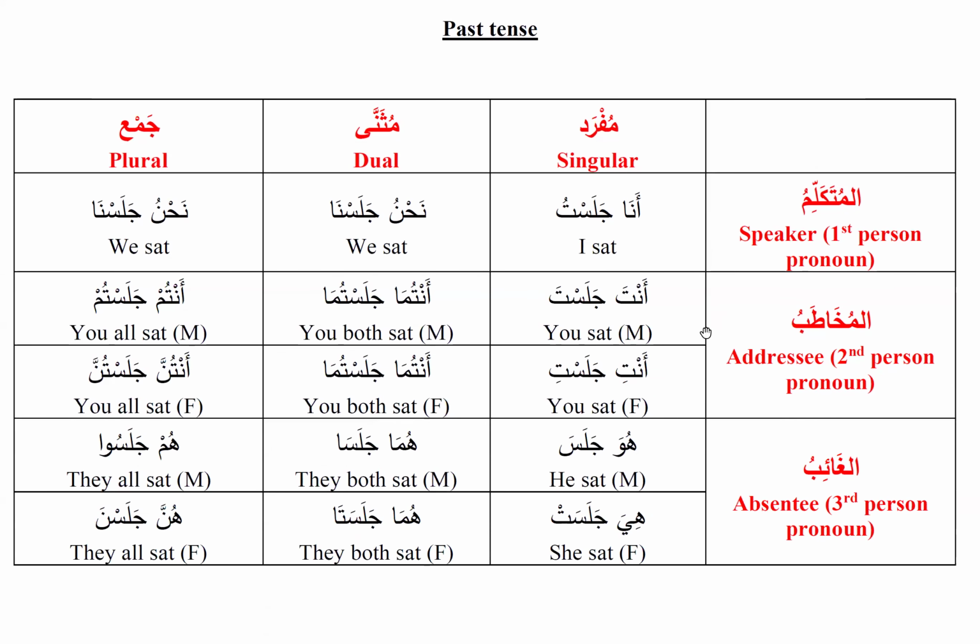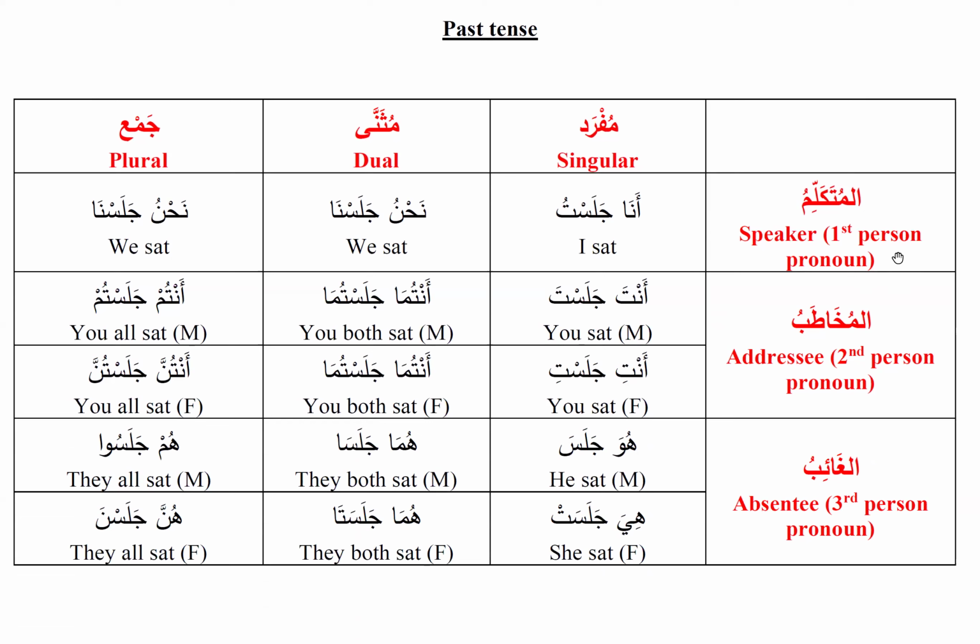Now if we keep in our mind certain things, then the learning process when it comes to each tense becomes very easy. So when it comes to past tense, in fact when it comes to past and present, first thing we need to know is that they are divided into three pronouns. In English we say first person, second person and third person.